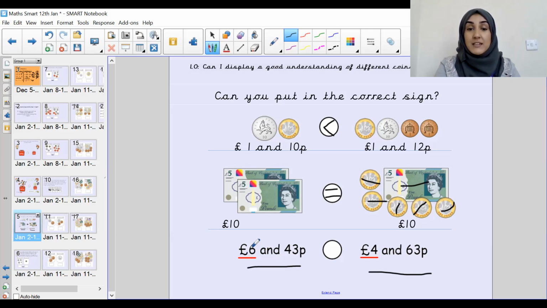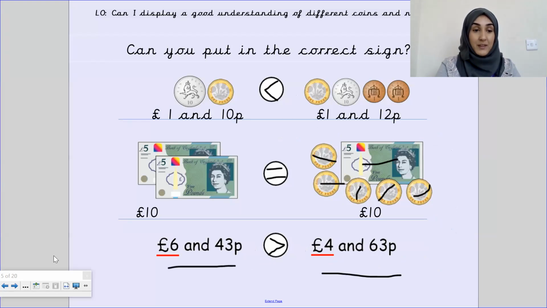Well done. It's definitely £6 because £6 is greater or more than £4. So the greedy crocodile always eats the bigger number. There we go. Well done, Morris class. Thank you so much for going through those questions with me. Great job. Let's move on.